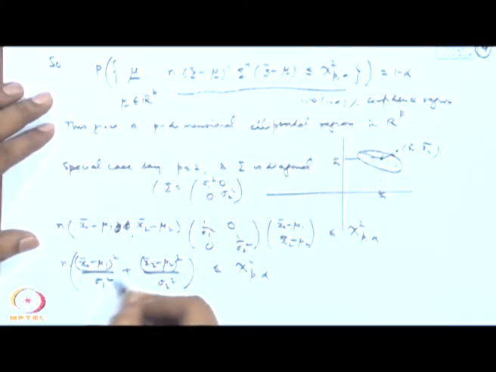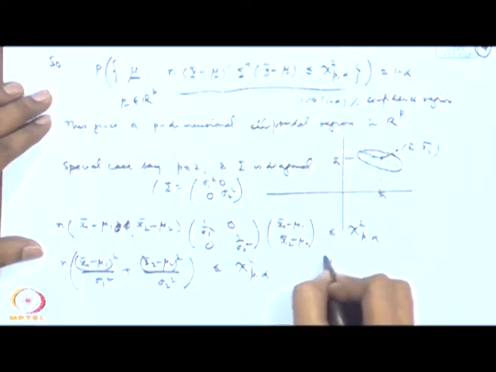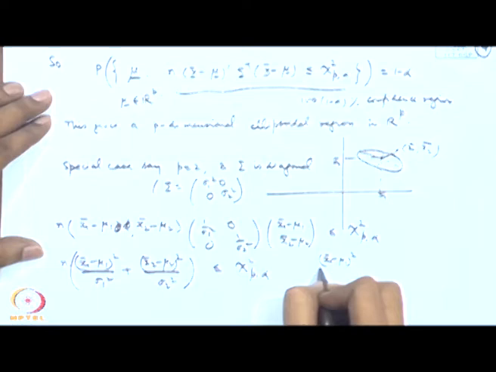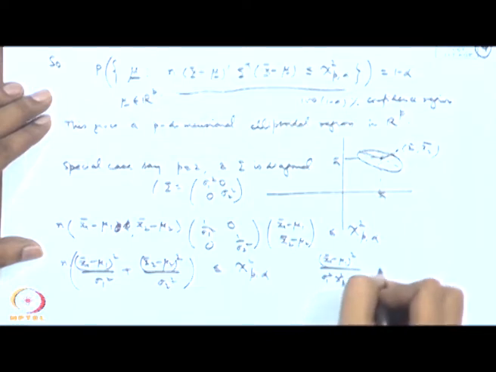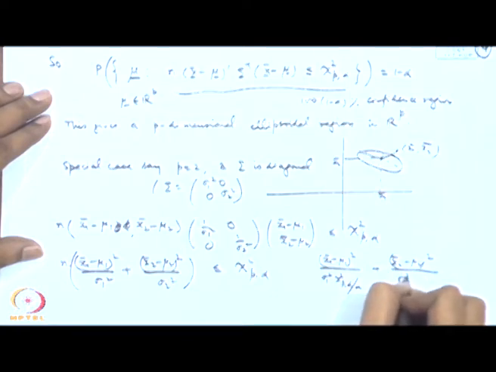So, this can be easily seen that what is the ellipse here. Here the center is x 1 bar x 2 bar, and if I divide by this, we get (x 1 bar minus mu 1) square by (sigma 1 square chi square p alpha divided by n) plus (x 2 bar minus mu 2) square by (sigma 2 square chi square p alpha by n) less than or equal to 1.